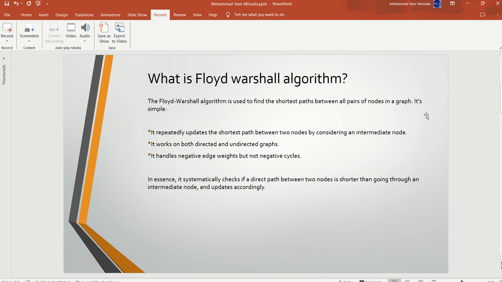It works on both directed and undirected graphs. It handles negative edge weights, but not negative cycles. In conclusion, it systematically checks if a direct path between two nodes is shorter than going through an intermediate node and updates accordingly.